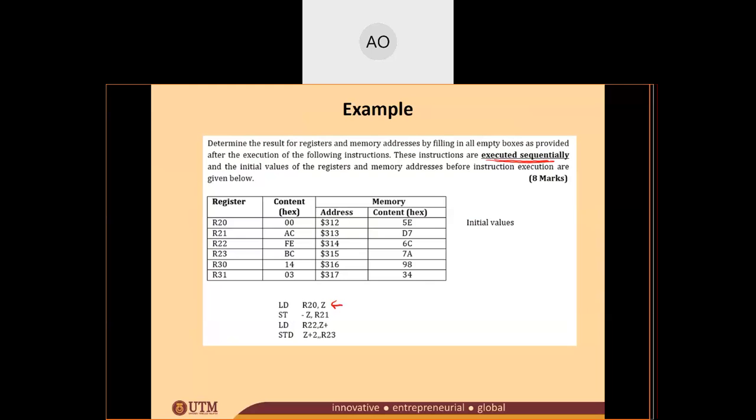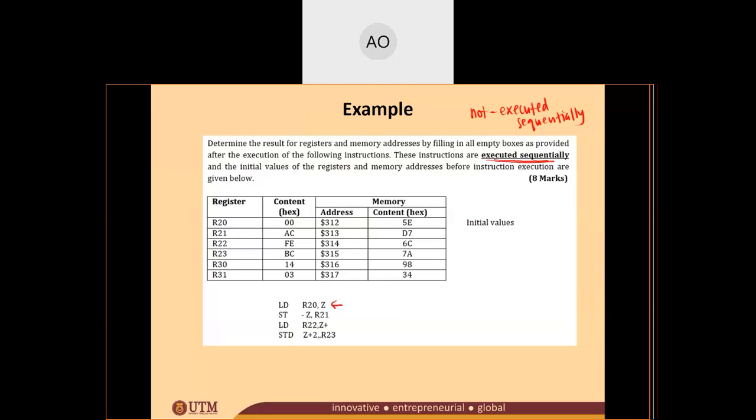Of course, we need to go line by line from top to bottom, but the value that changed at the previous instruction will be used in the next instruction. That is executed sequentially, because sometimes you will see not executed sequentially.